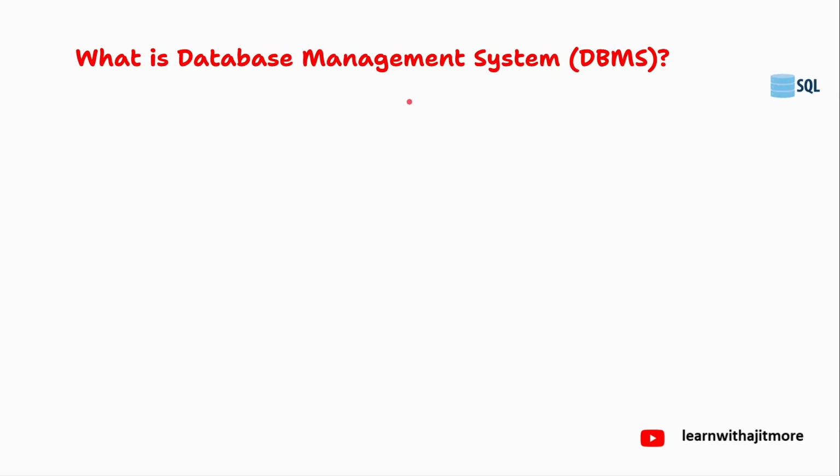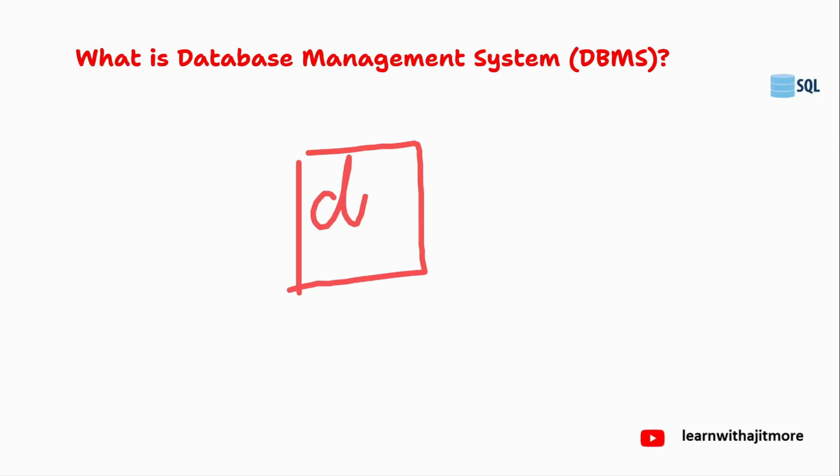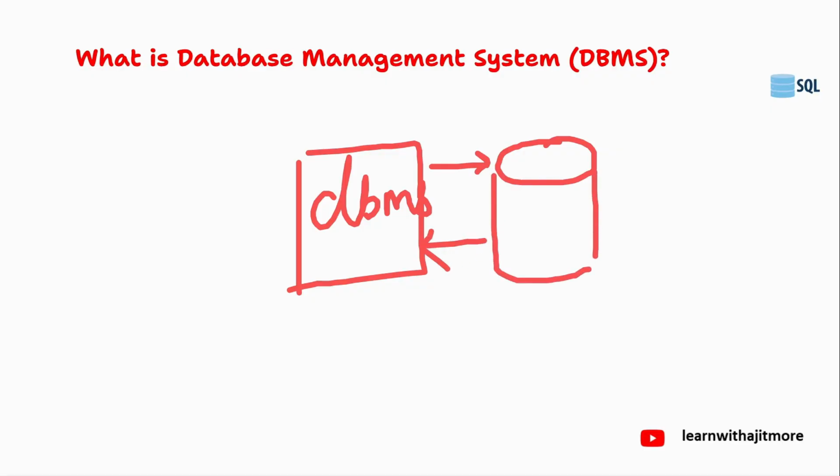So it is a software which is taking care of your data. Okay, means it is a software, database management system, and it is managing your data, the data which is kept on the secondary storage. This is your secondary storage. Hard disk you can consider, or you can consider cloud also.